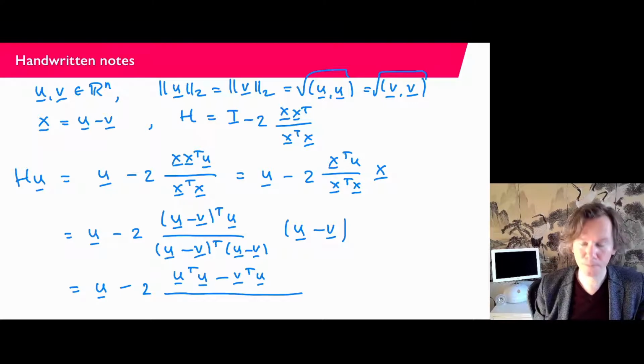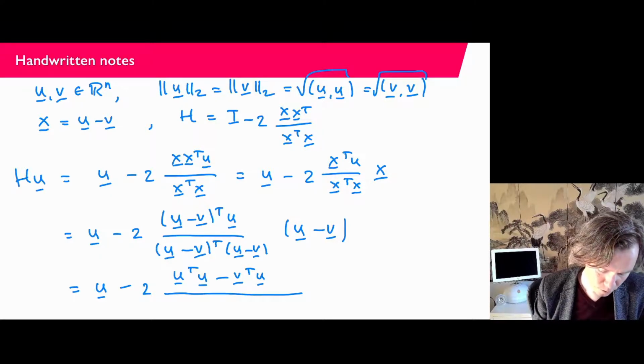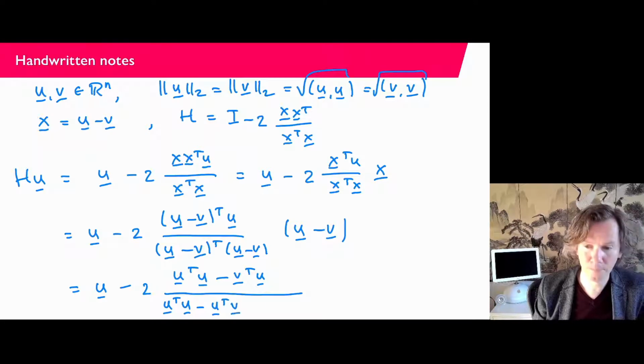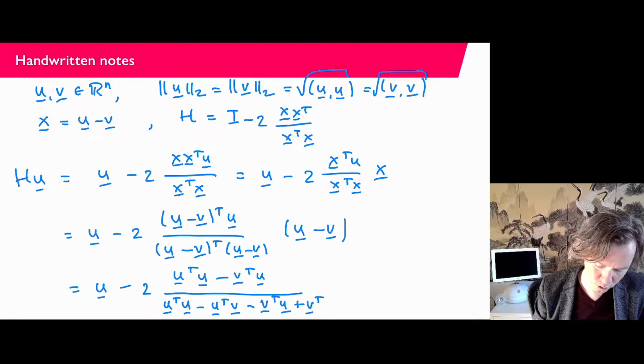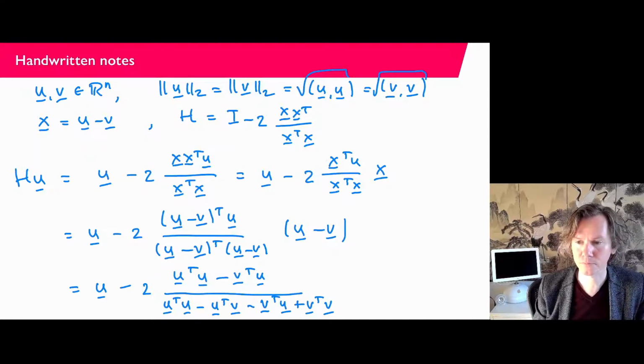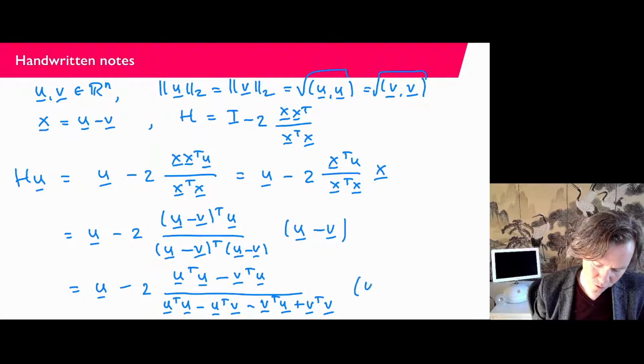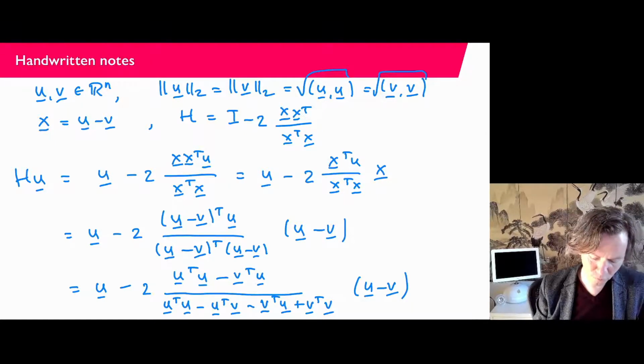And below here I have u transpose u minus u transpose v minus v transpose u plus v transpose v times u minus v.